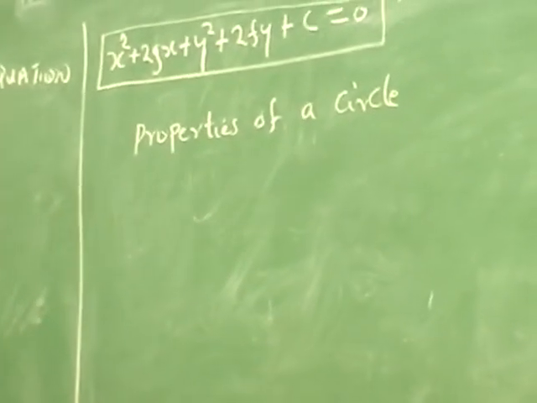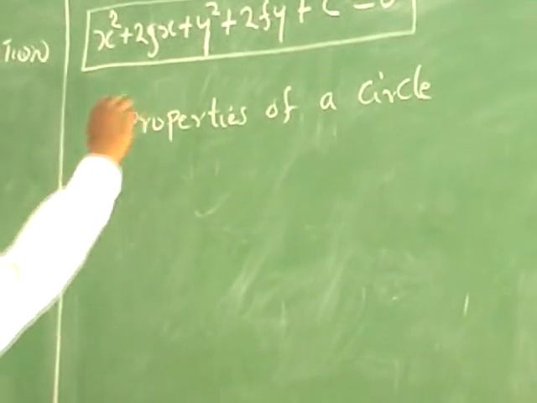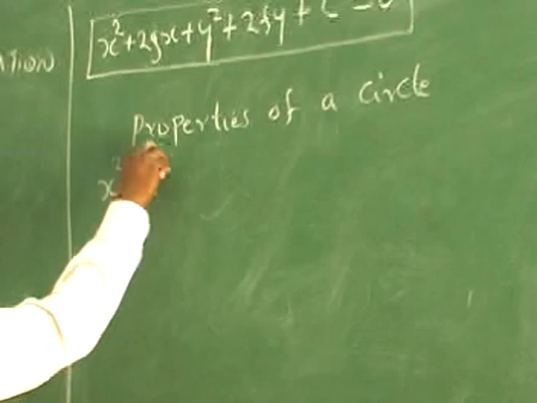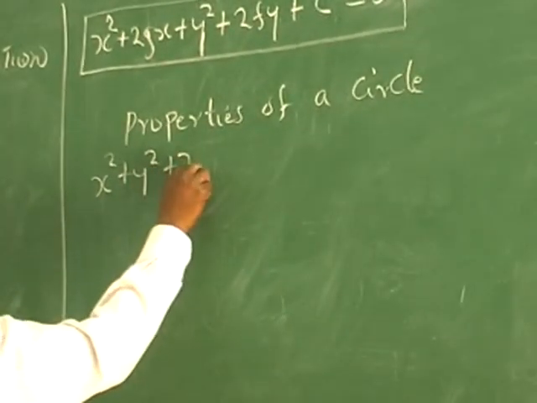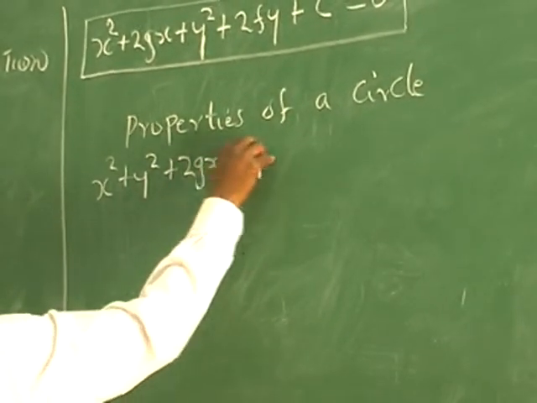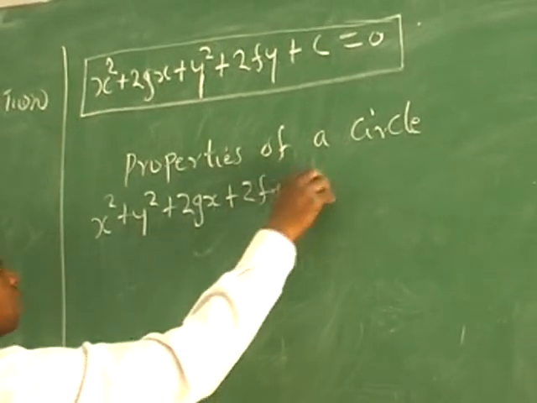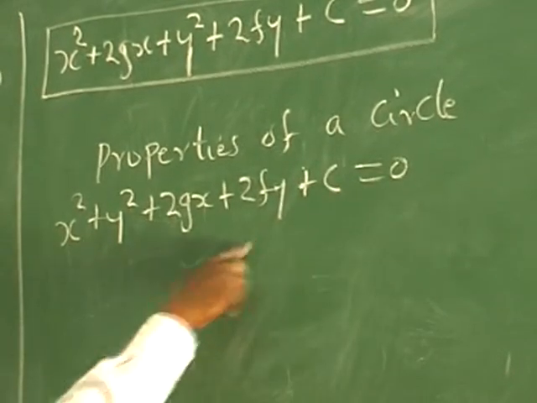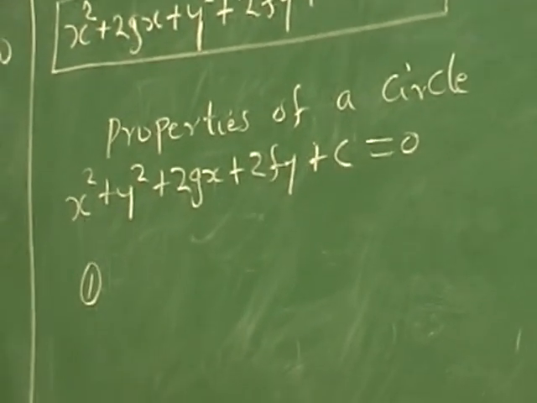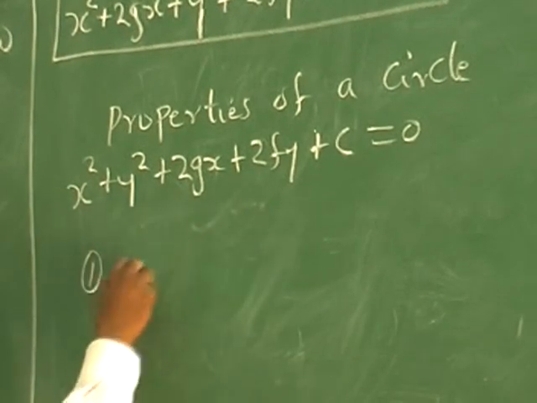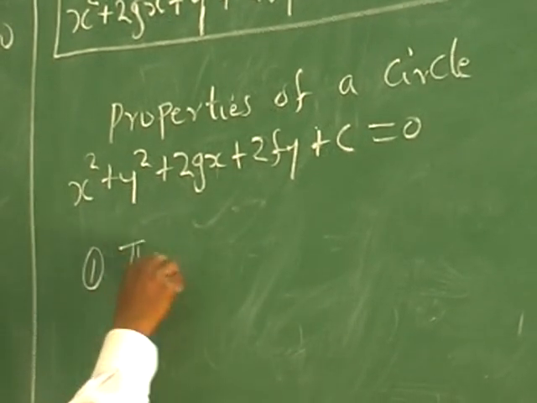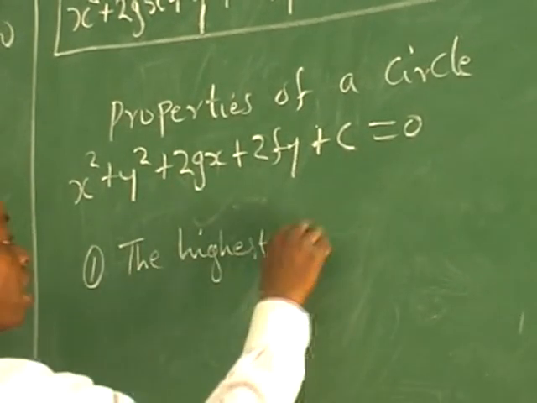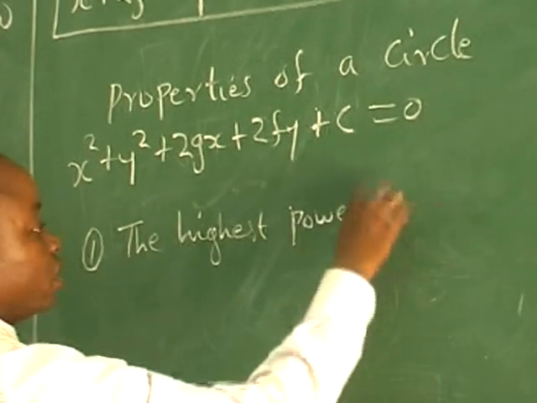Properties of a cycle. Now, let's write this general form again: x squared plus y squared plus 2gx plus 2fy plus c. Now, if we write this in, what we find out, number one, is that in this equation the highest power is 2.